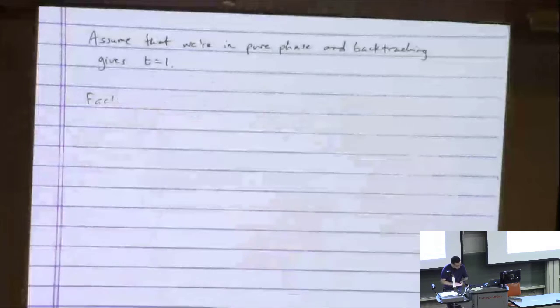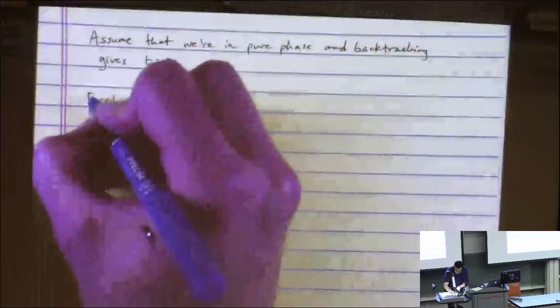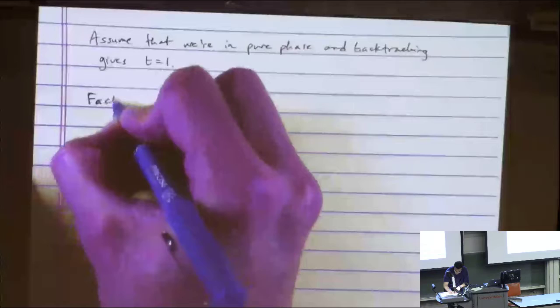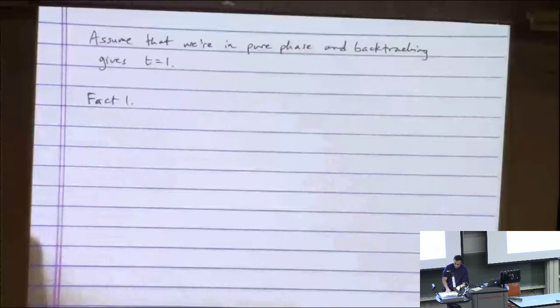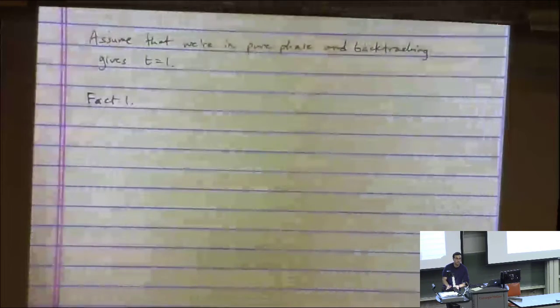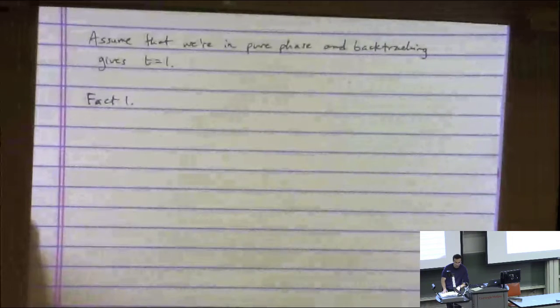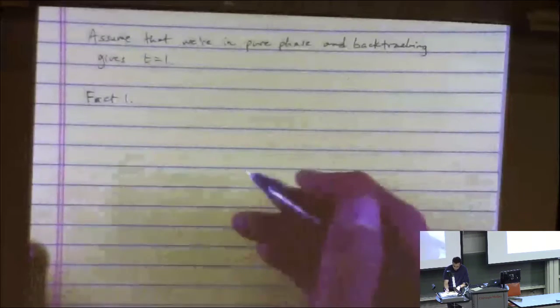So there's a bunch of facts now that we're going to state and then prove. This pen is dying. The first fact that I'm going to state for you actually has nothing to do with Newton's method. I'm just going to recall a general fact about strongly convex functions that's very useful here, which you've already seen, but I don't think we ever proved.